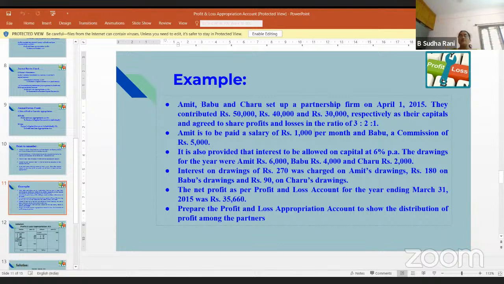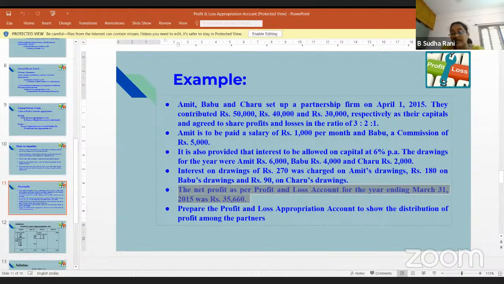Now, what you do? On credit side, see in the question, last step, net profit as per the profit and loss account for the year ending 31st March 2015 was 35,660. So this is the opening balance of profit, as per last year's till the date.